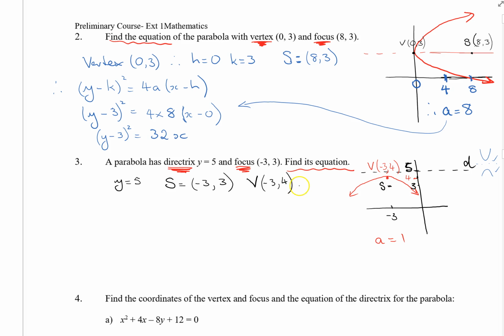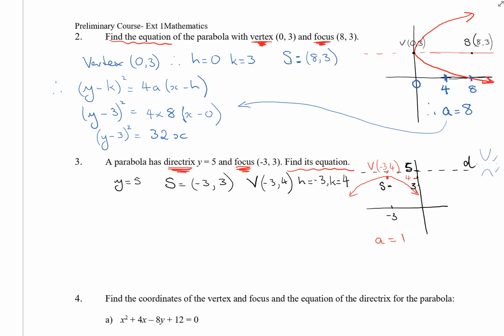What does that enable me to realise? That h is equal to -3, k is equal to 4. Why would I state that? Because I'm going to need those values to substitute into my equation.